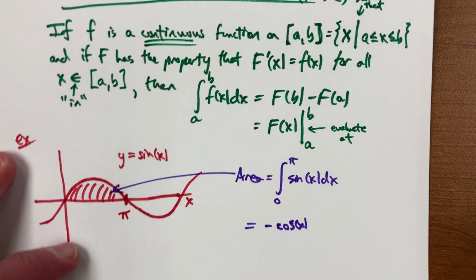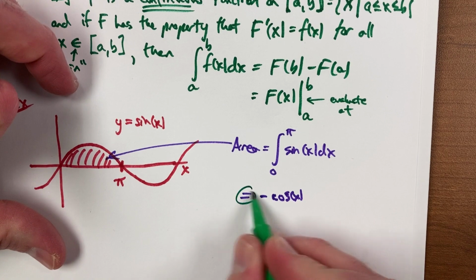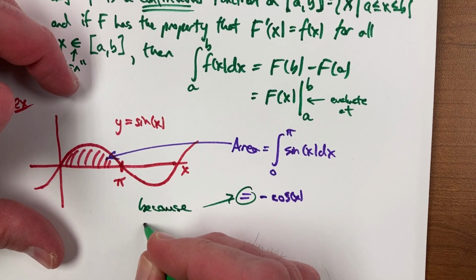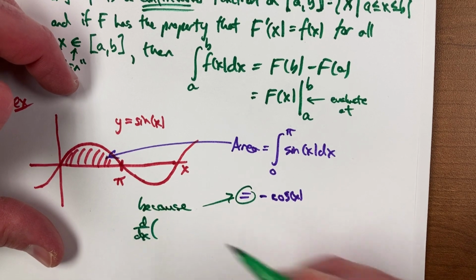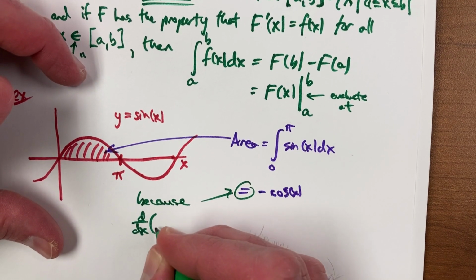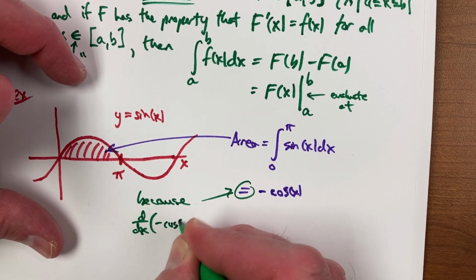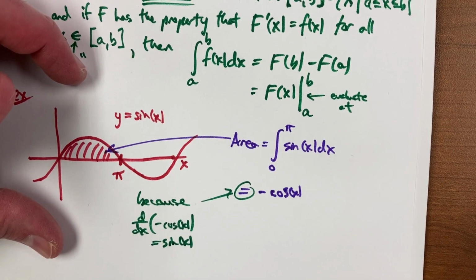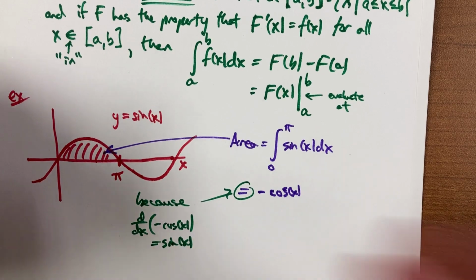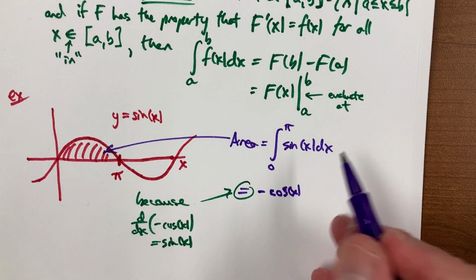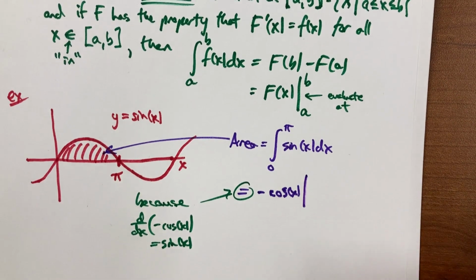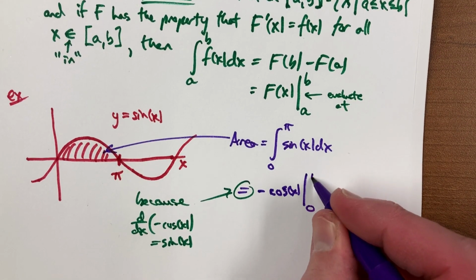This is because the derivative of cosine of x is negative sine of x, or if you prefer, the derivative with respect to x of negative cosine of x equals sine of x. I'm not done yet in this line because definite integrals are numbers, and that's not a number yet. I need to put the evaluate symbol at. X goes from 0 to pi.